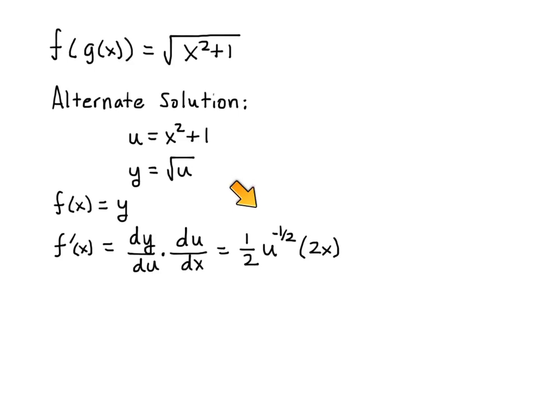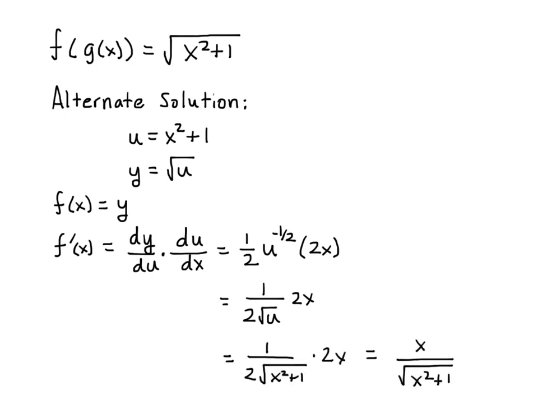And now I have some mixed variables here, so I want to go back and put my definition of u in there. And so I get exactly the same thing once I'm all done simplifying it.